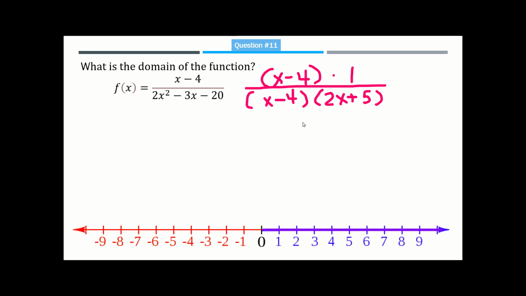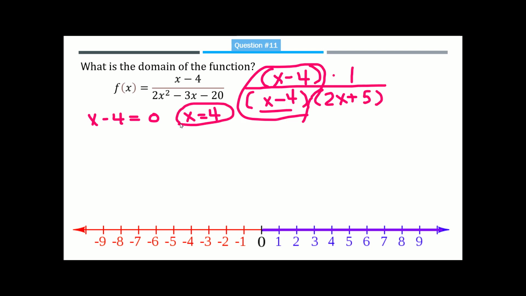So I can take this and look at it and evaluate if x minus 4 is equal to 0, then x would equal 4, and we would have an undefined solution. So there's going to be a hole there at x is equal to 4. So on my number line, let me just circle that and leave that open.